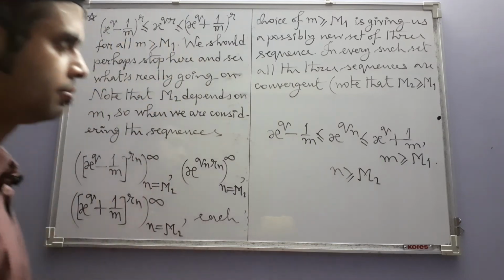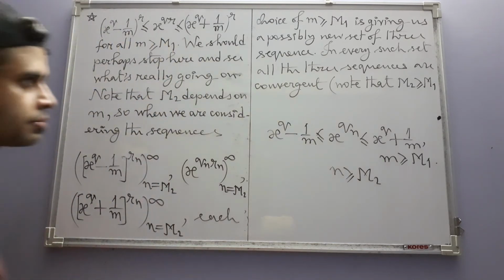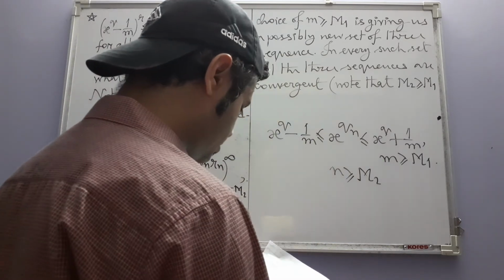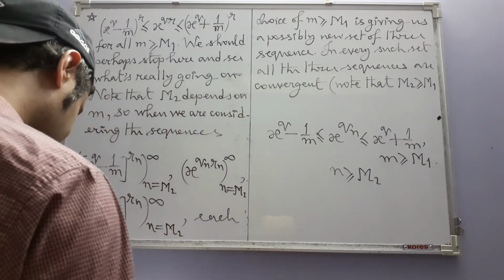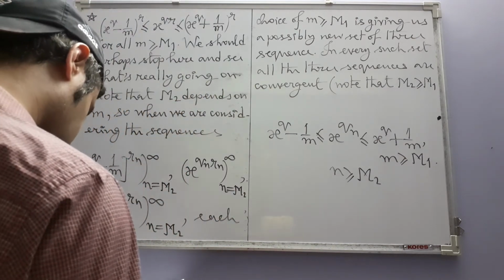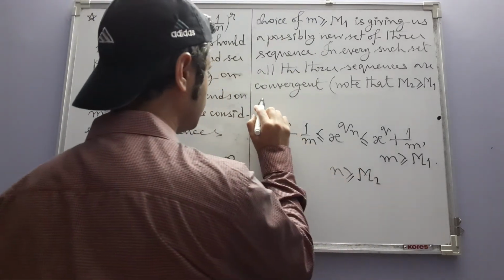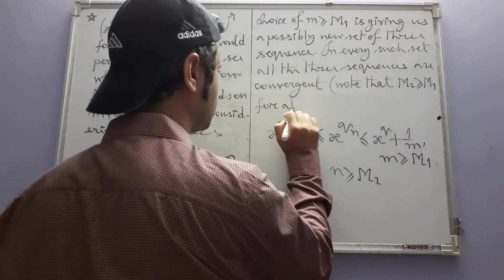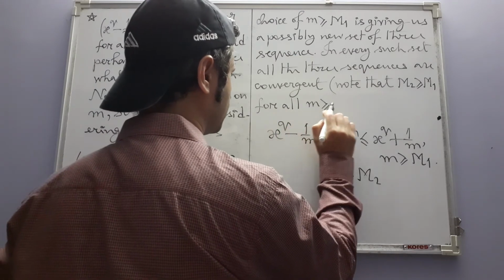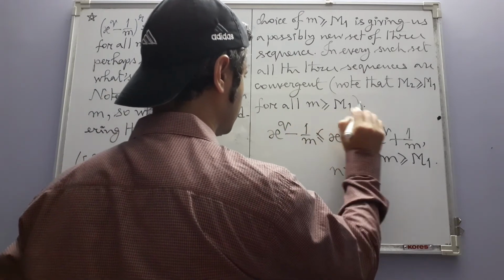This n here. So that is why we are writing for all m greater than or equal to m1.